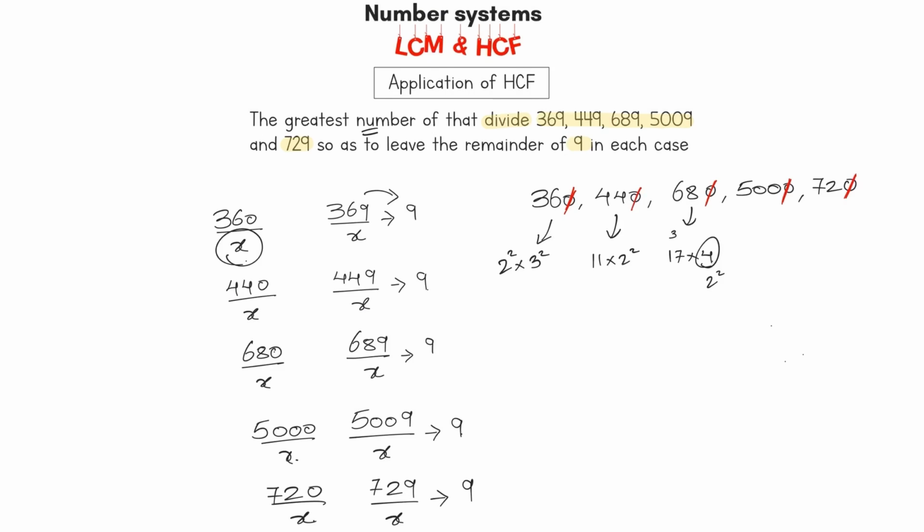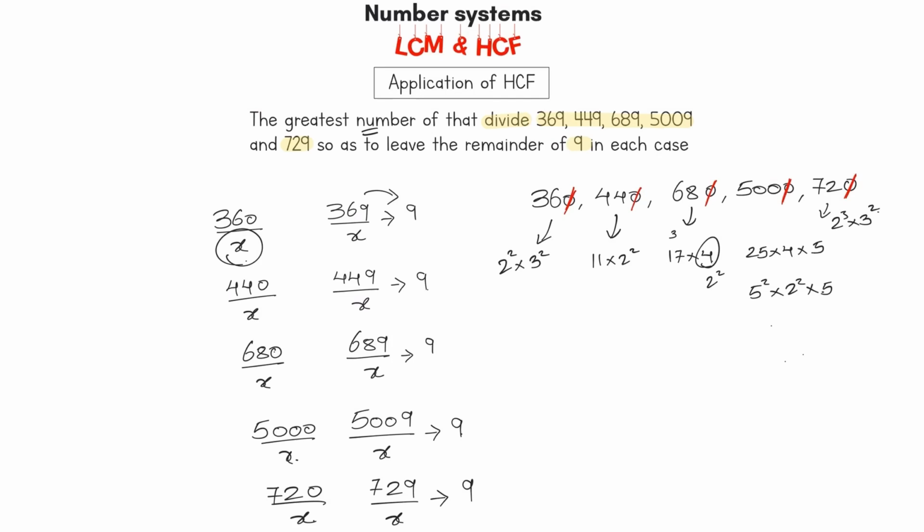This could be written as now 500, so this is 5 into 100, 25 into 4 will be 100 into 5. So this becomes 5 square into 2 square into 5. And this is 8 into 9. So 2 cube into 3 square. That's what I get from here.